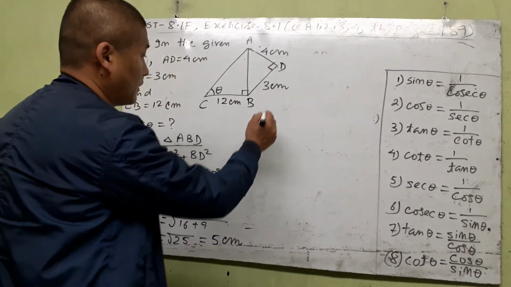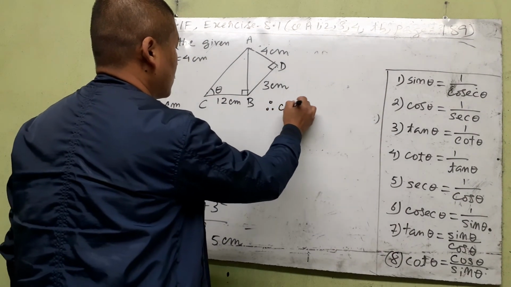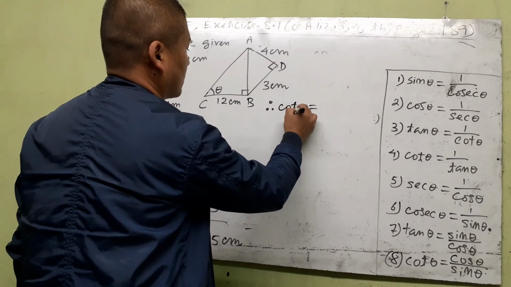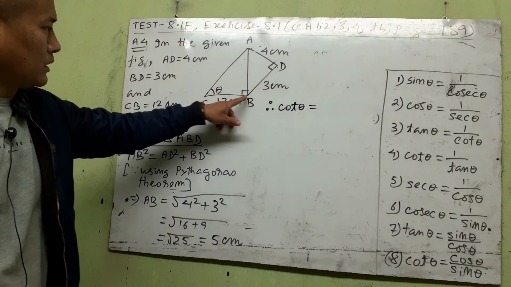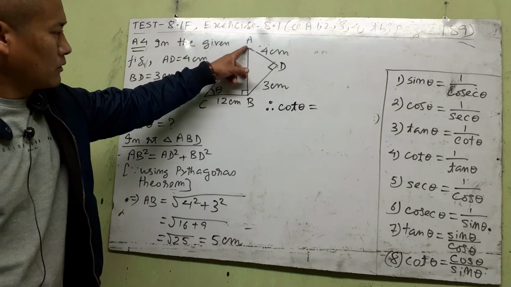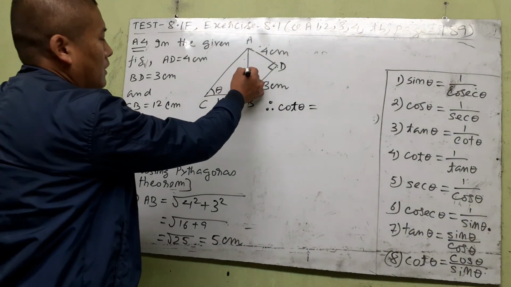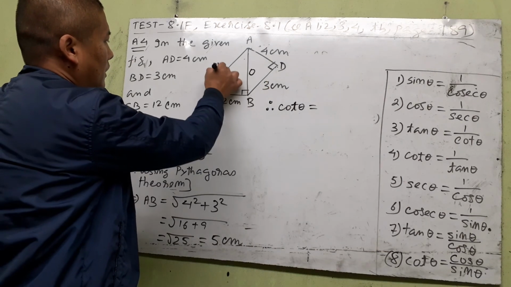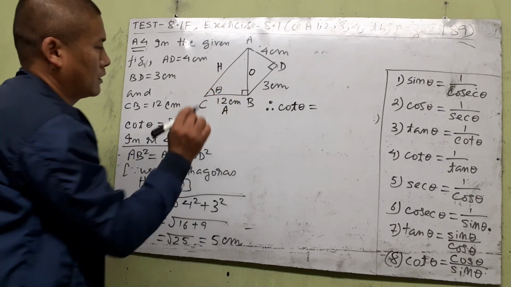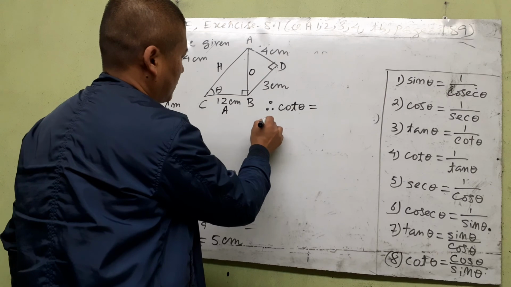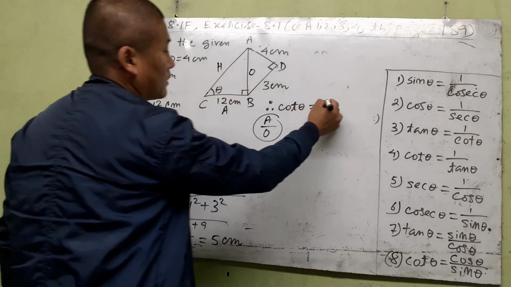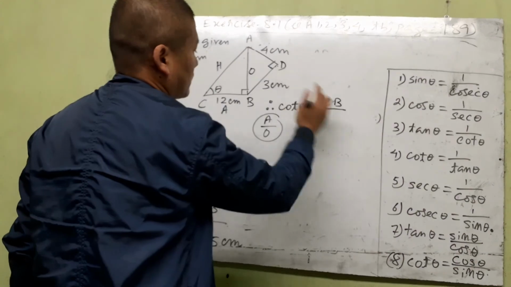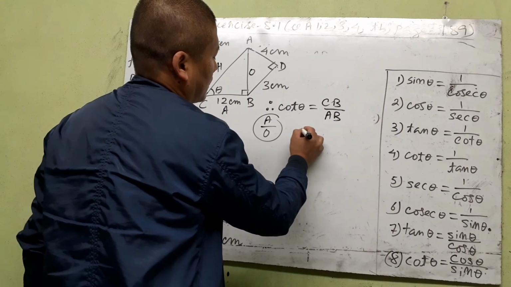Therefore cot theta, the value they are asking, theta here, the two arms are CB and CA. So AB, which is not an arm, is the opposite side. This is the hypotenuse and this is the adjacent. So cot theta is adjacent by opposite. Adjacent here is CB, opposite is AB.